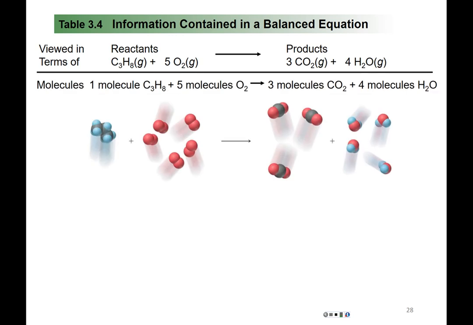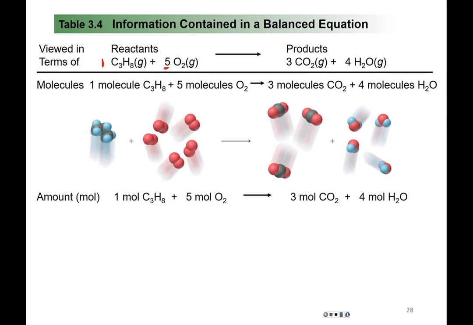Right? From this balanced chemical equation, we have one molecule of C3H8, we have 5 molecules of O2, and we have 3 molecules of CO2 and 4 molecules of H2O.